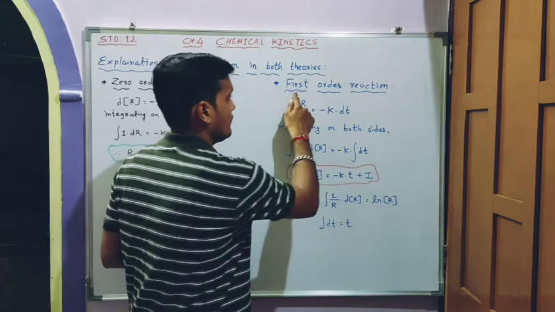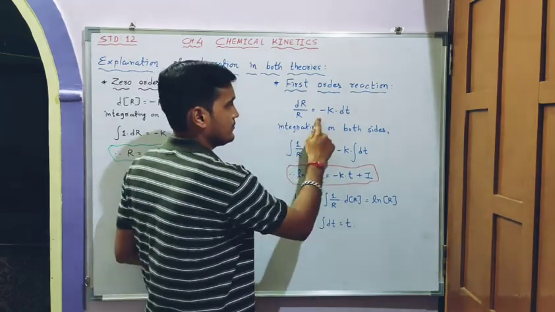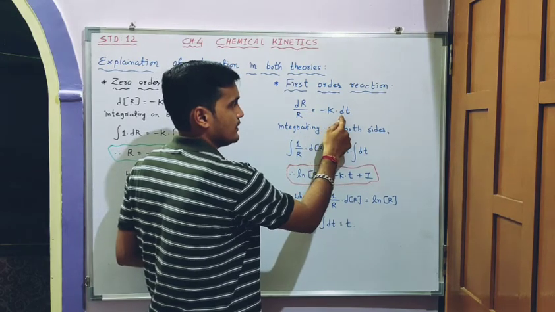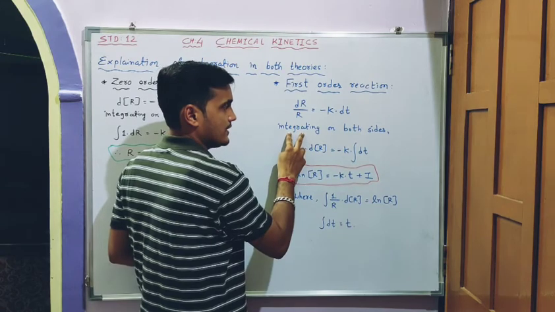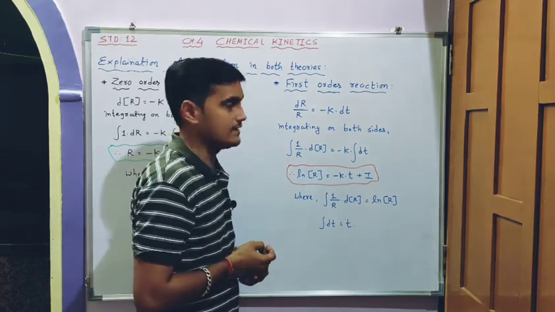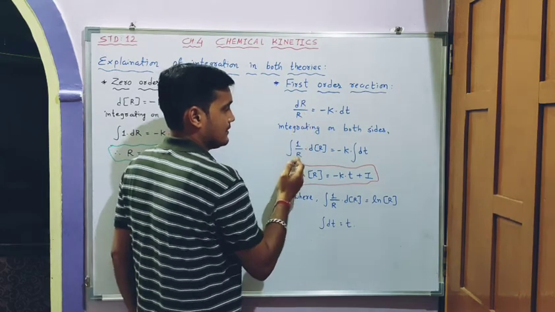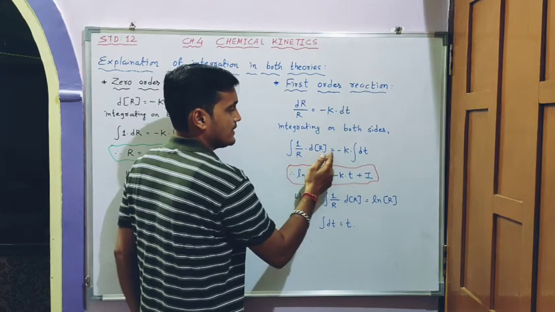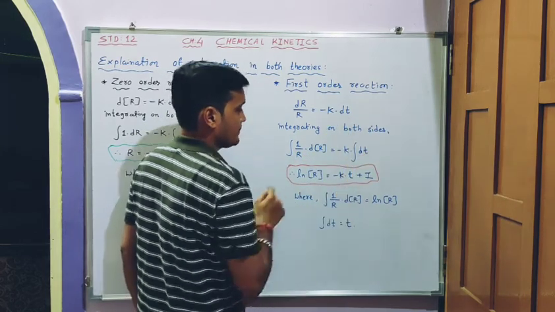In first order reaction, you will notice this first equation: dr by r is equal to minus k into dt. When we take integration on both sides, we get 1 upon r into dr on one side, integration of 1 upon r into dr is equal to minus k integration of dt.